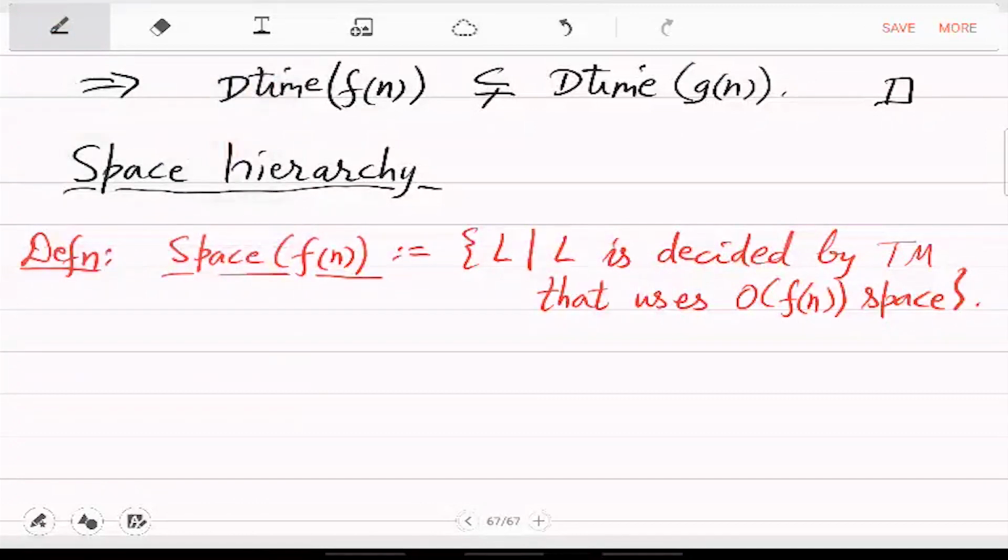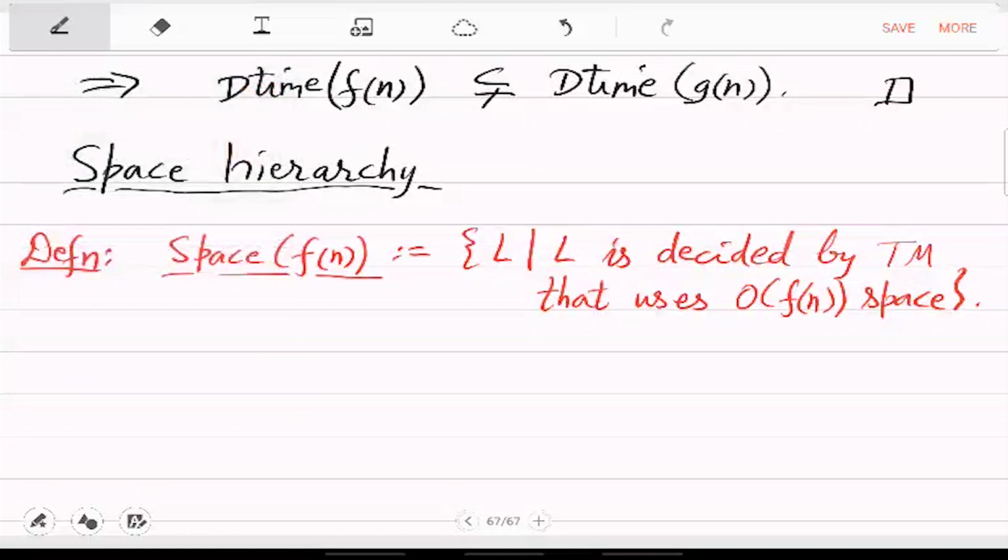Right. So PSPACE, for example, is polynomial space. So you are looking at problems that are solvable in n to the c space for constant c.